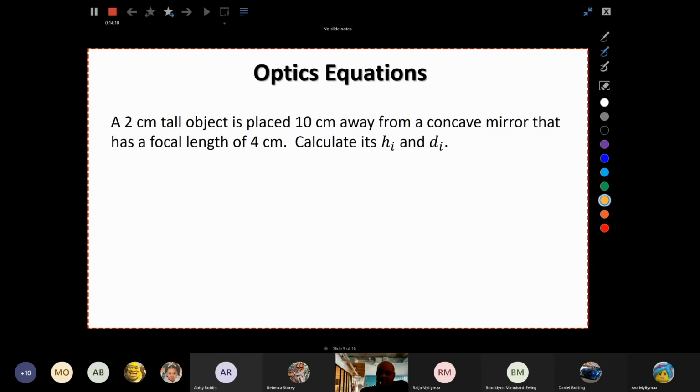Okay, so anyway, this is a pretty typical question. So I have to give you 3 numbers. And it's also important to know which mirror we're talking about in these questions. So a concave mirror.